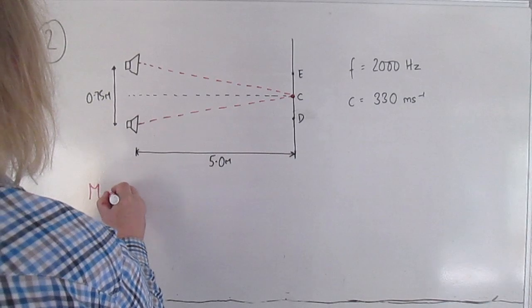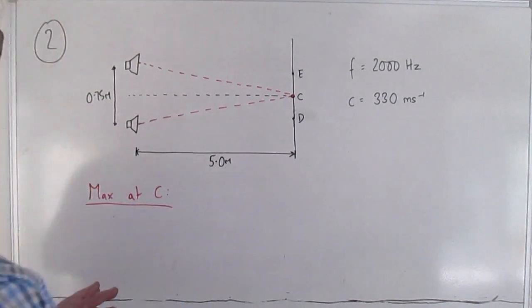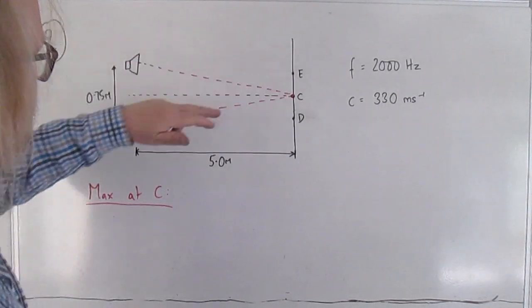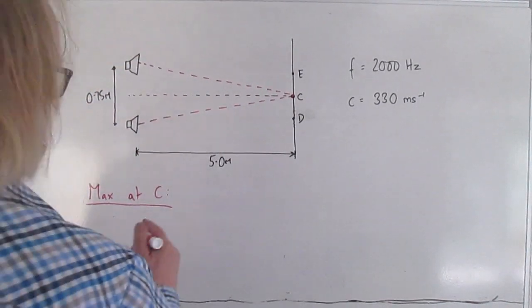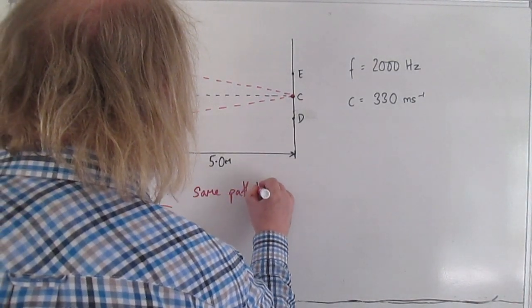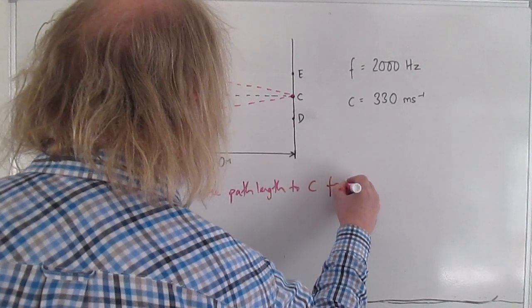So to explain why there's a maximum at C, the most important thing to say is that the path length the sound has to travel from the speaker to reach point C is the same for both speakers. So same path length to C from both speakers.